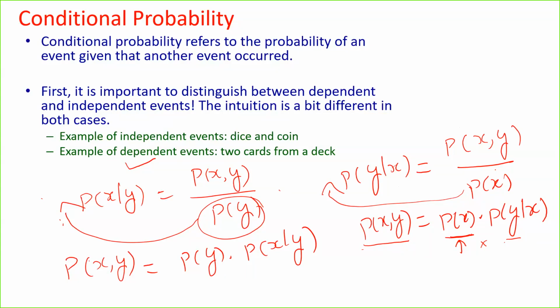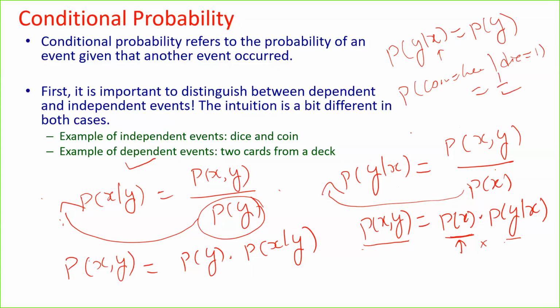Now if the events are independent of one another, probability of y given x is just probability of y, because it is independent of x. Whatever the x value, it is just probability of y only. What is the probability of coin equal to head given die equivalent to 1? It is 1 by 2 only.